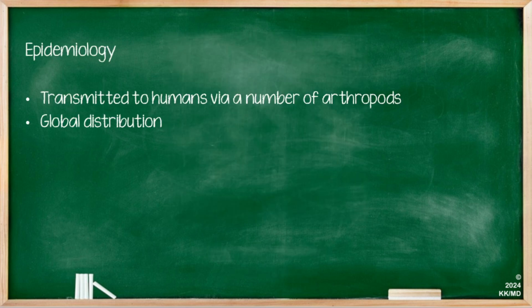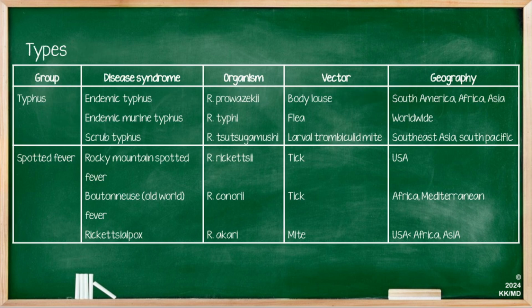The epidemiology of Rickettsia is that it is transmitted to humans via a number of arthropods, and it has a global distribution. So overall, there are two important types of Rickettsia that you certainly need to know about for the MRCP examinations. Type 1 is typhus and type 2 is spotted fever.